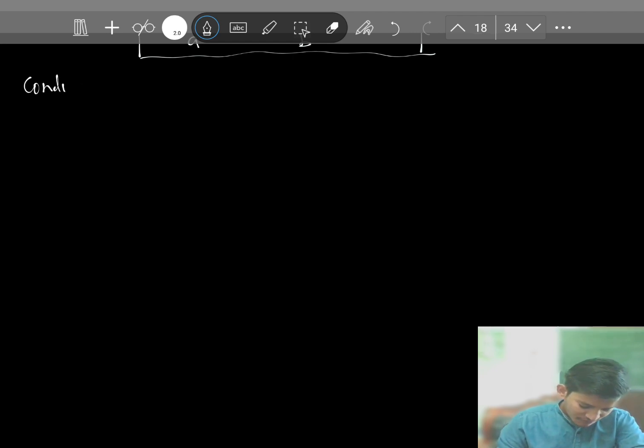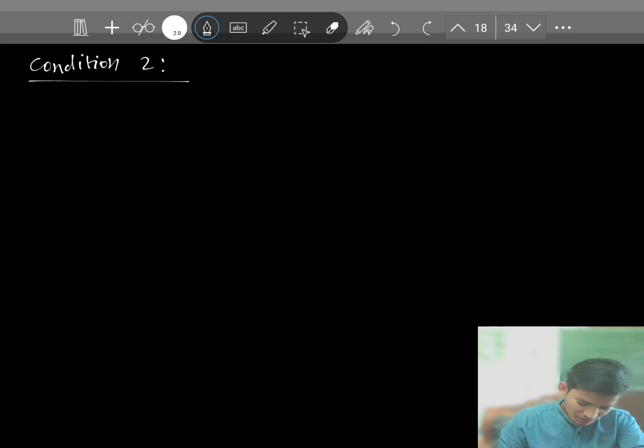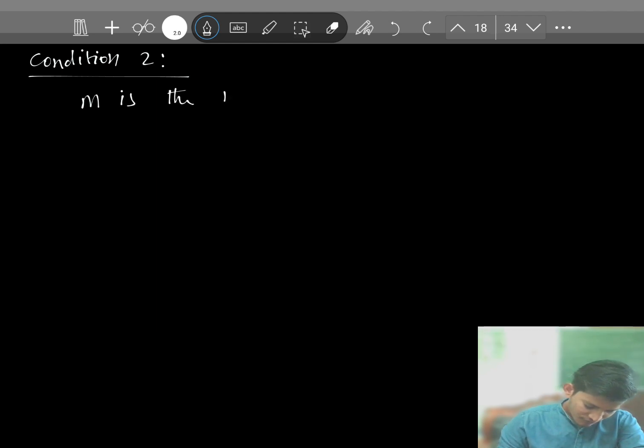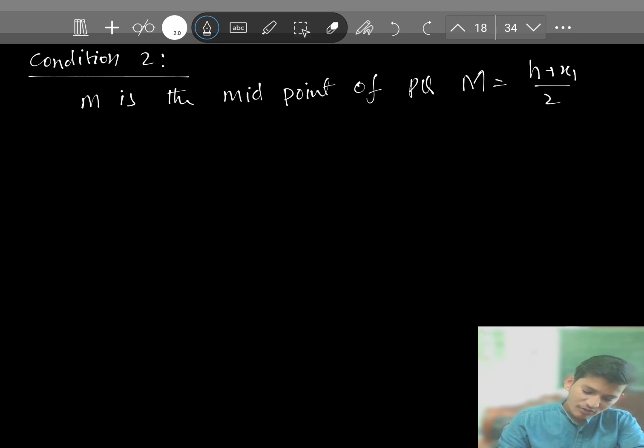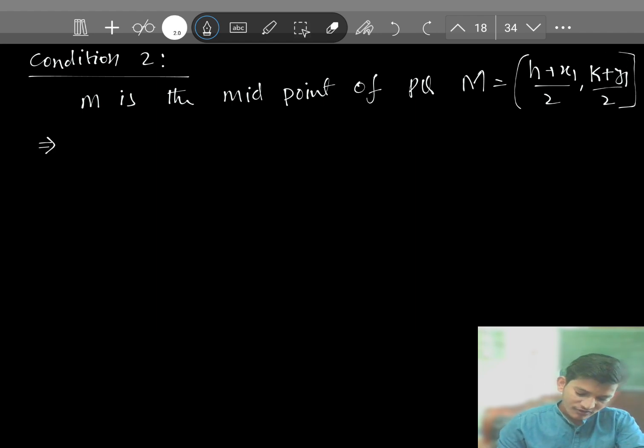And condition number 2 is, sorry, M is the midpoint of PQ, which is given by M equals to (h plus x1) divided by 2 and (k plus y1) divided by 2. So the x and y coordinates of point M are given in this way.